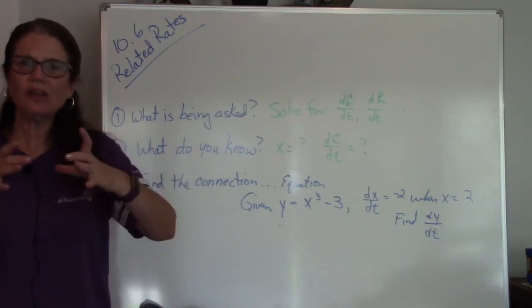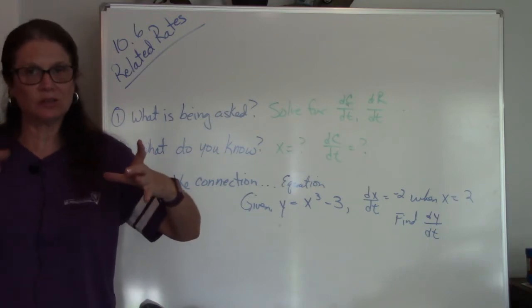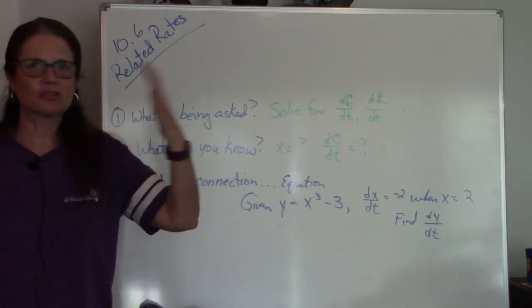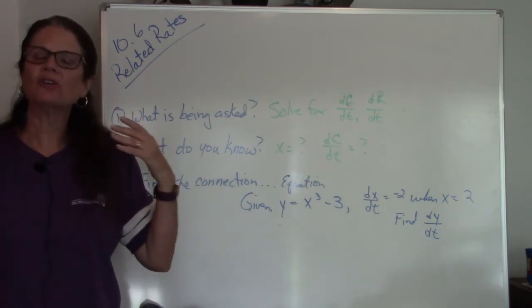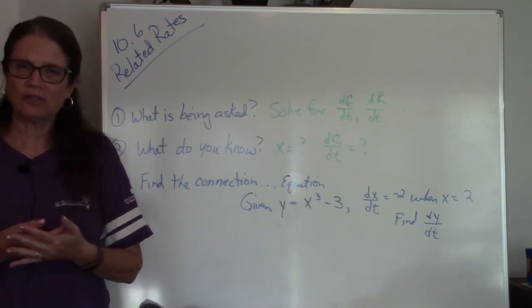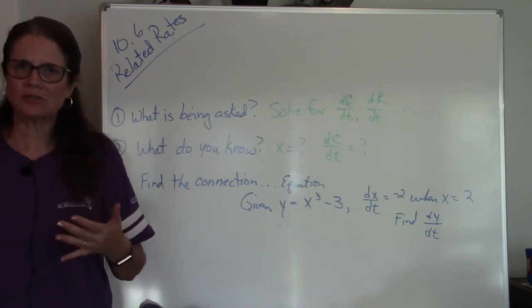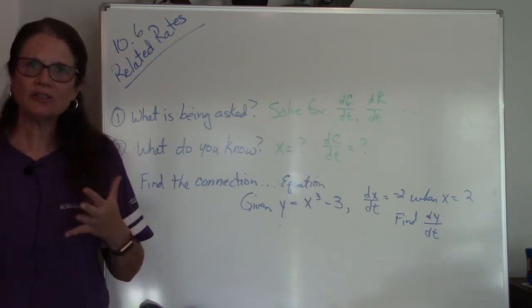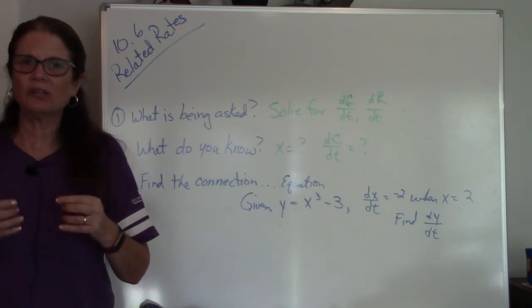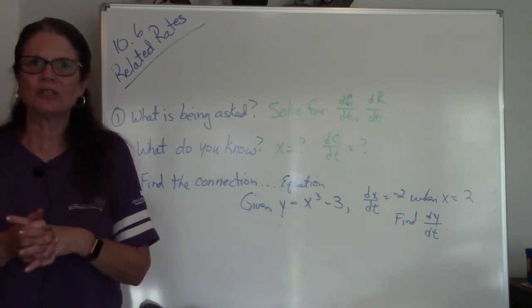I can tell you the rate that it's growing, that's a derivative, and I want to know what the area is after so many hours. So you're going to be given information, and the connection is the area function: area equals pi times r squared. Whatever the function or equation is, that's the connection, and that's what you're going to use to do implicit differentiation.